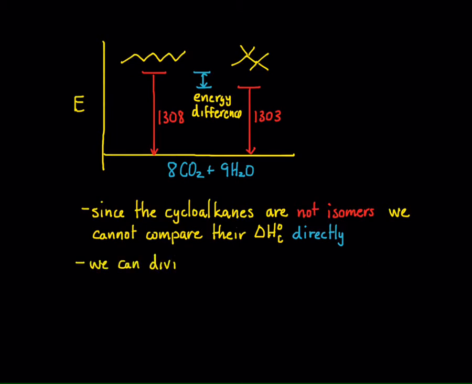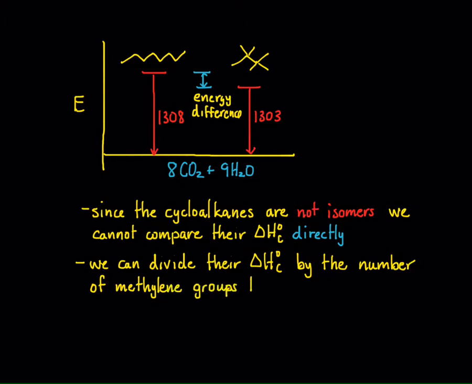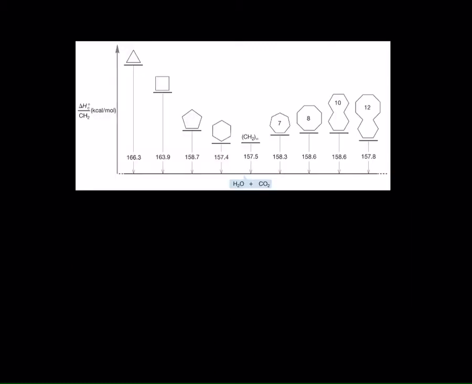We can simply divide the heat of combustion of the cycloalkanes by the number of methylene groups, and then compare the heat of combustion per methylene group. Here's a nice little table that shows the various delta H of combustion of all of the cycloalkanes per methylene group. Notice we've divided the delta H of combustion of all of these by the number of methylene groups in each ring.